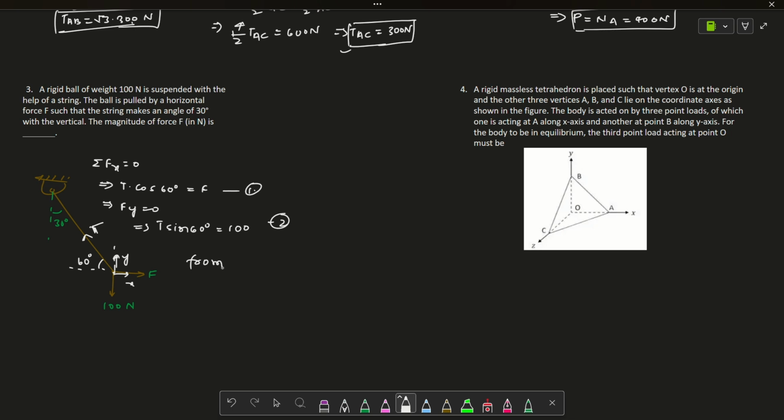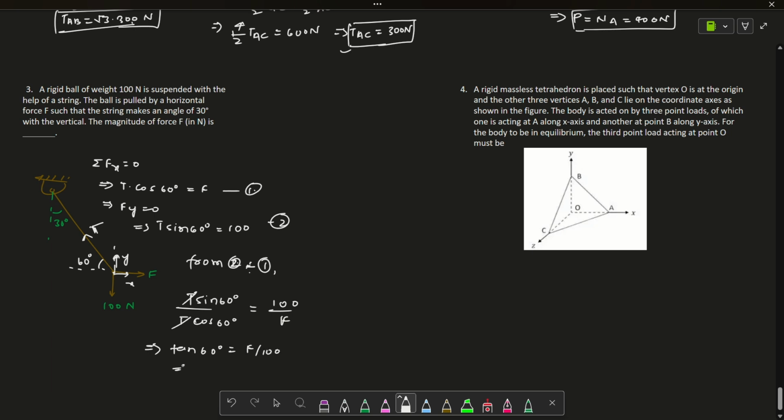From 1 and 2 we divide 2 by 1, and we get T sin 60 divided by T cos 60 equal to 100 divided by F. T gets cancelled, so it is tan 60.